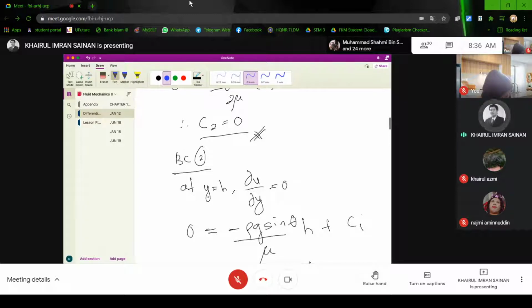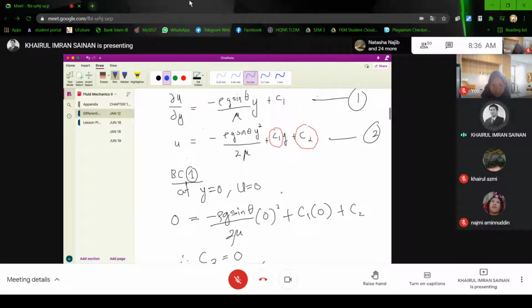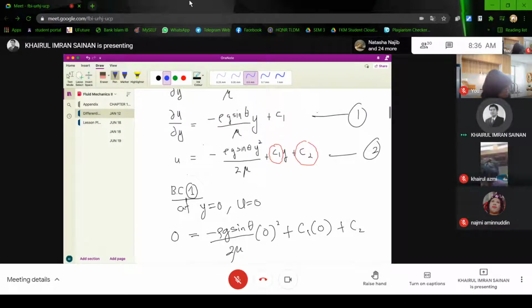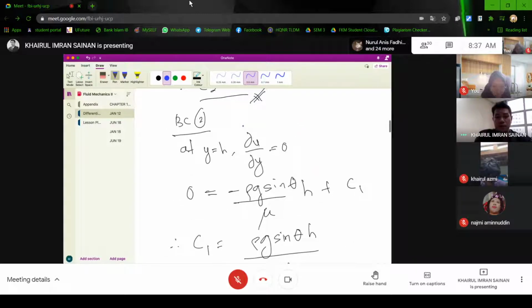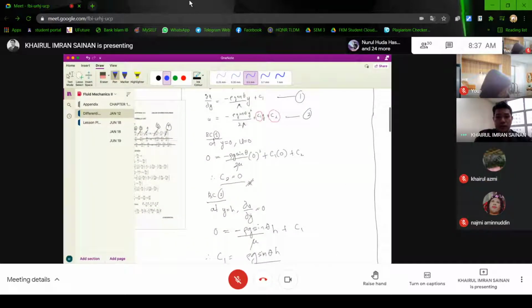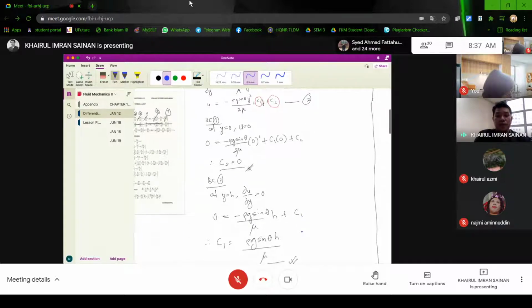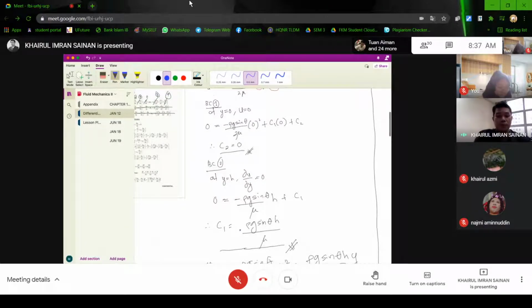At y equals h, du over dy equals 0. We apply it to equation number 1, so what you have is 0 equals negative rho g sine theta divided by mu times h plus C1. From there we determine C1: C1 equals positive rho g sine theta h divided by mu.